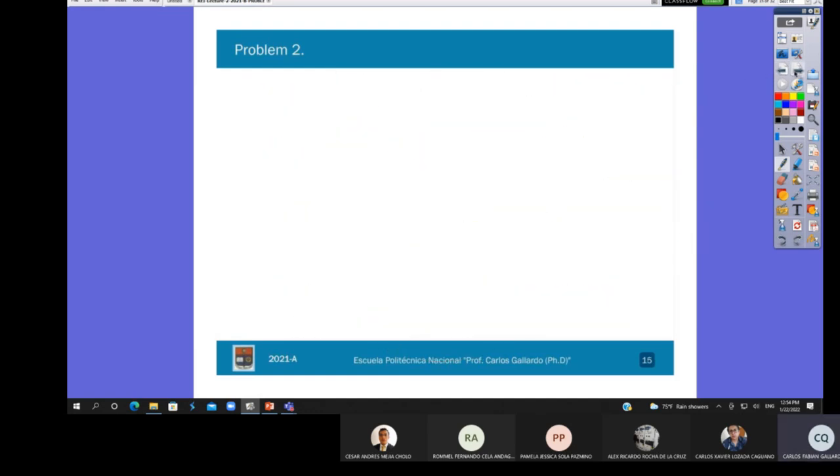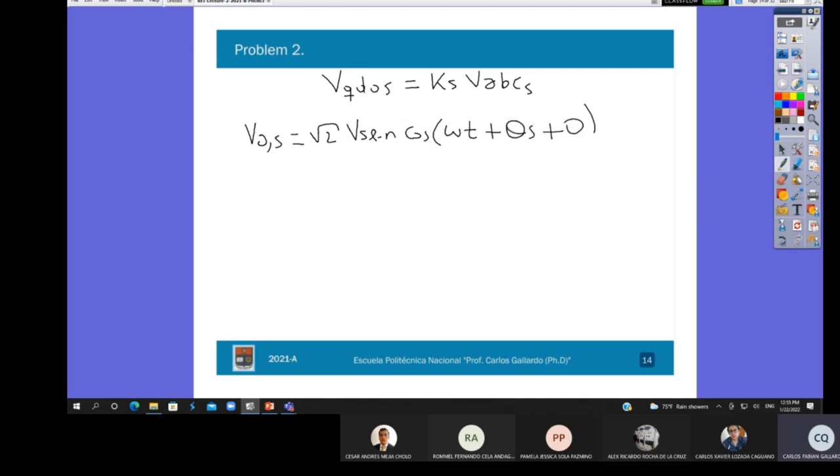Okay, using these formulas, I will have the stator. This is phase A, equal to the square root of 2 times the stator line to neutral voltage, cosine of omega t plus theta, plus 0, because it's the reference.